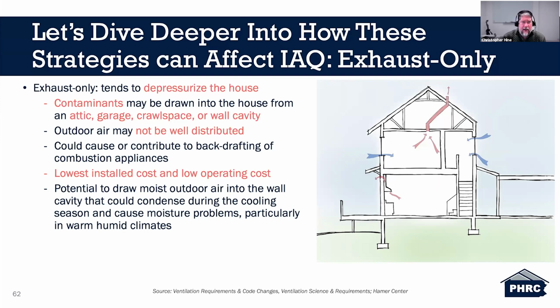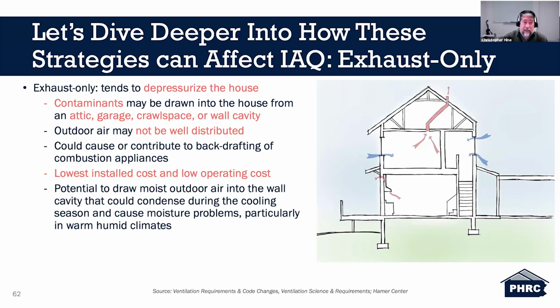Some cons are that contaminants may be drawn in from the attic, garage, or different crawl spaces. Air may not be distributed throughout the entire house. If you have a point exhaust, often it's the primary bathroom location, and if those doors are shut, you're exhausting air but drawing air only in that small area. So, again, just take into account everything that needs to be reviewed.